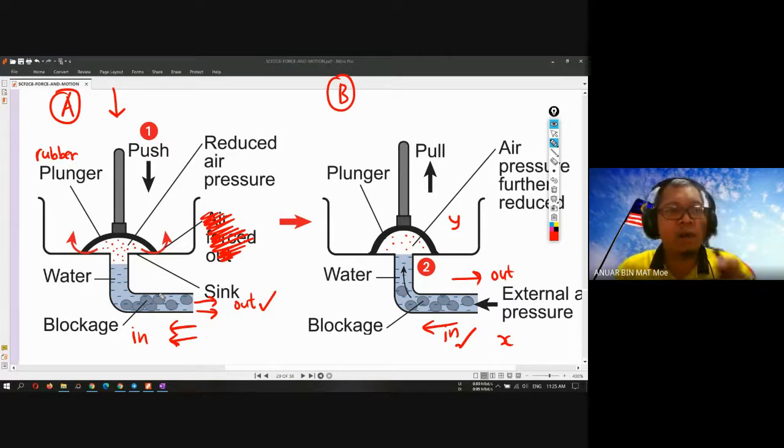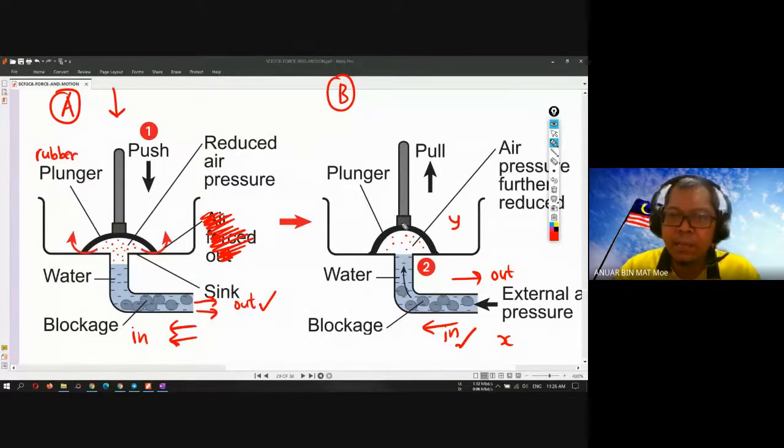The action of pushing and pulling the plunger is because we want to change the air pressure inside. When you push the plunger, the air pressure inside becomes high, and the blockage will try to get out.